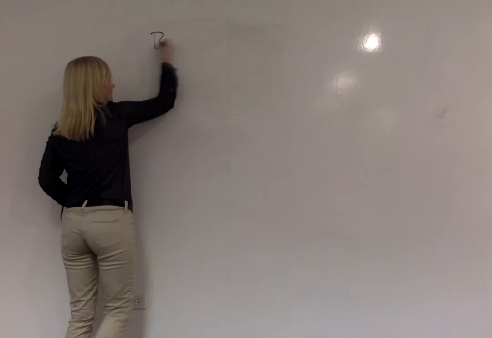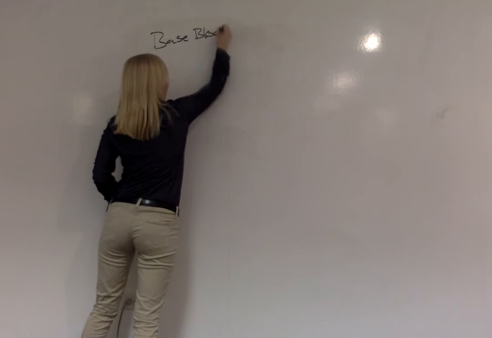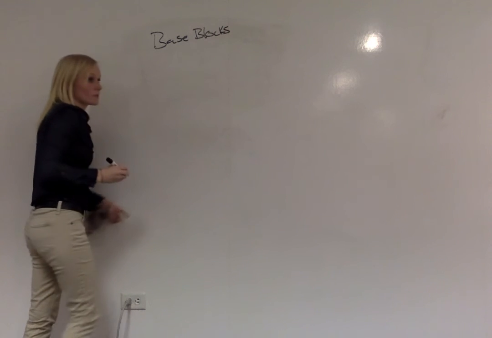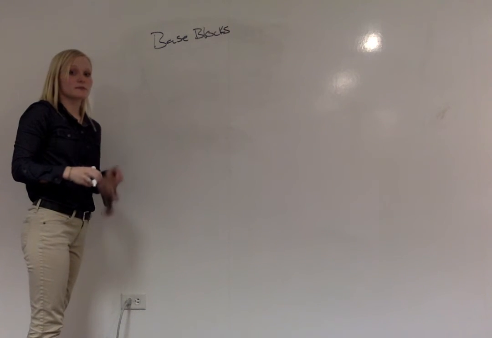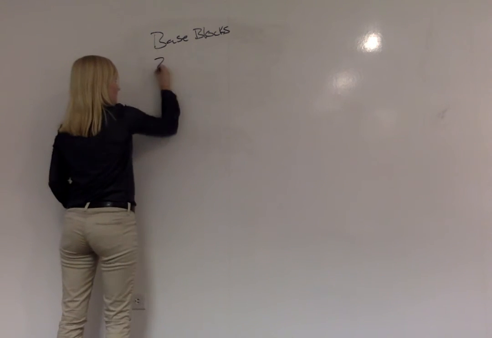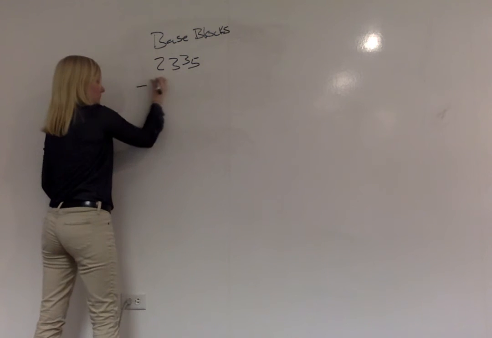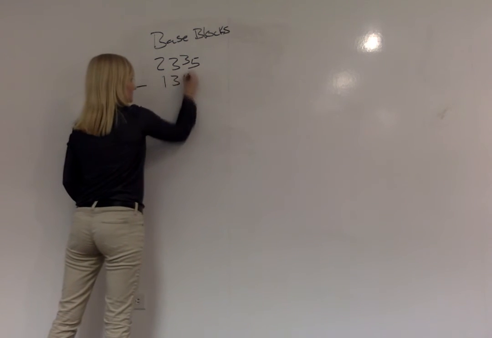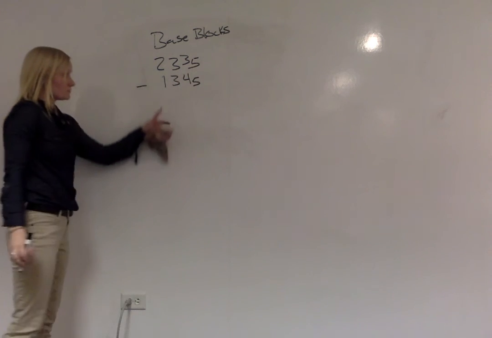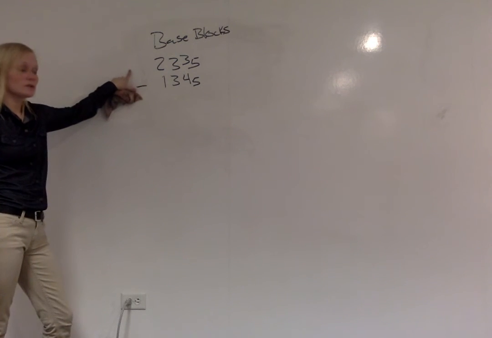The next strategy in subtraction is base blocks. Base blocks is set up a little differently in subtraction than it is in addition. Now, we have the same base that we use in addition.